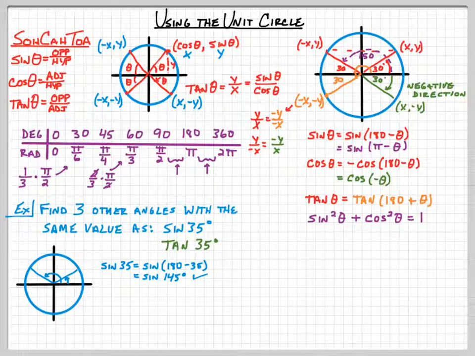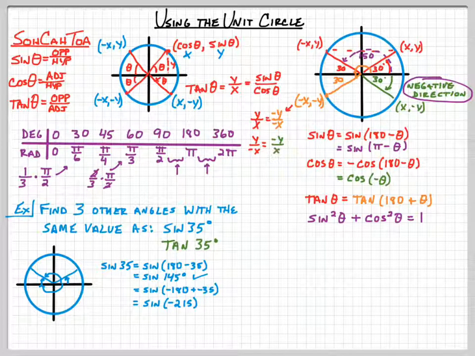Now those are the only 2 where sine is the same, where they're both positive y. So we have to find other ways to get back to these 2 values, because all the other ones in quadrants 3 and 4 are going to be negative. So if we go backwards, we can go back the other way, and we go 180 degrees, and then that little bit which is the same thing as our theta. And so that would be sine of negative 180 degrees, and then another negative 35 degrees. So we end up with a sine of negative 215.